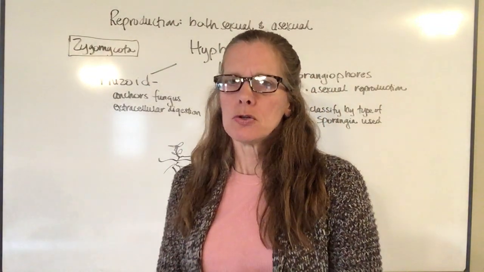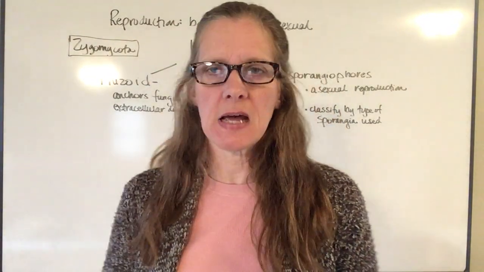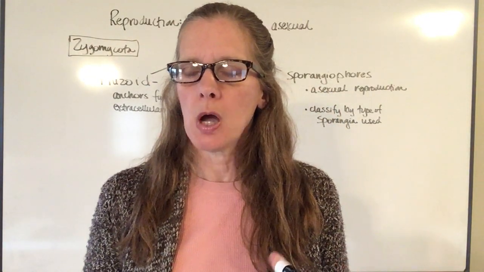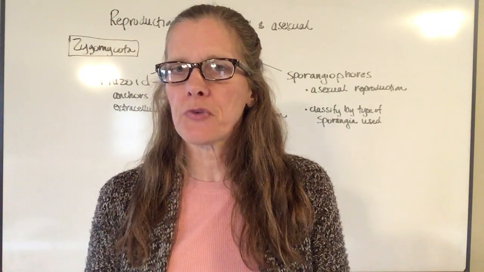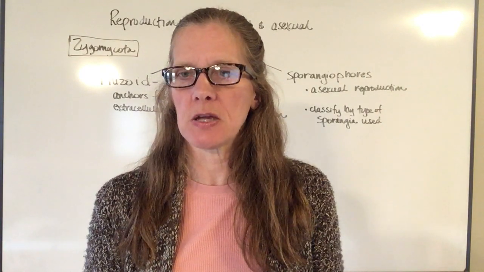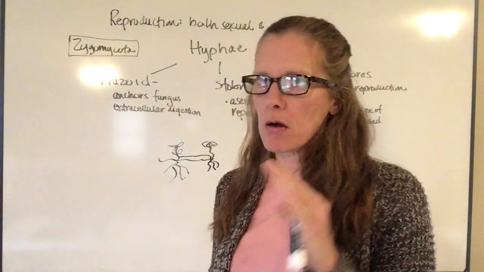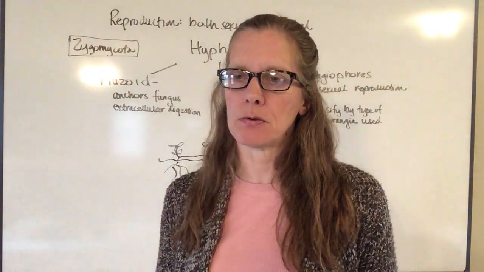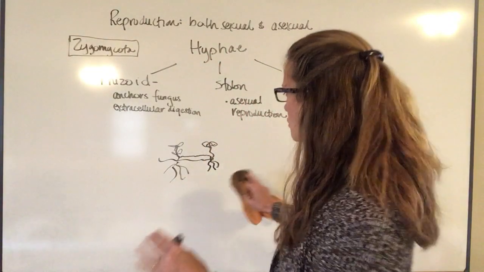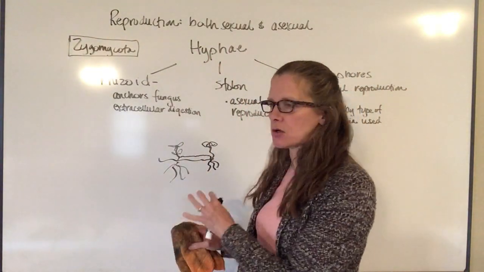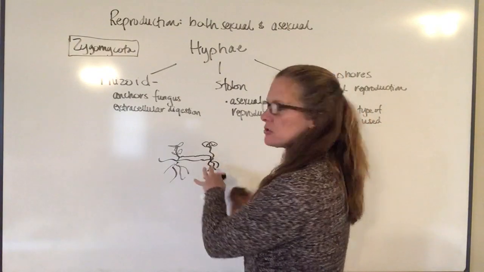Now, don't get confused because, as we've said before, although certain fungi may look like plants because of the way that they grow and the fact that they don't run around and move like animals do, they are not plants because they don't make their own food. So don't think that the mycelia is like a root system and that the stolons are the same as runners.